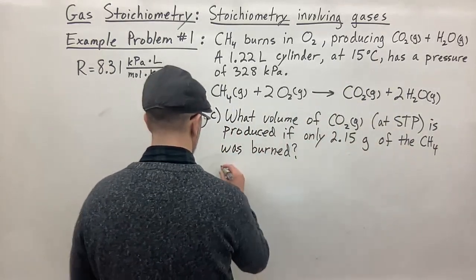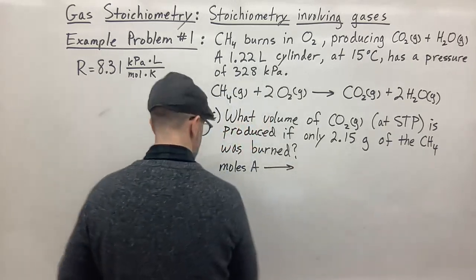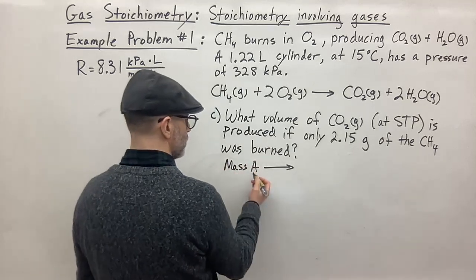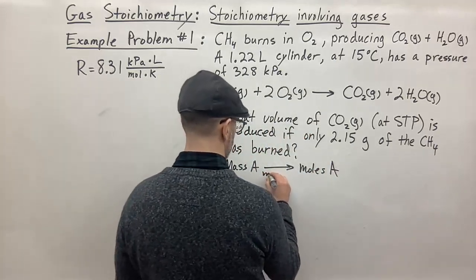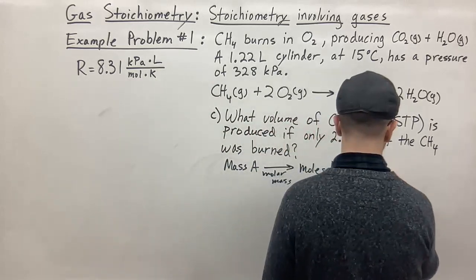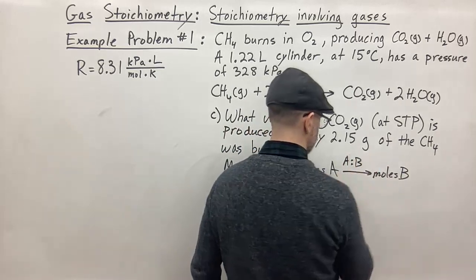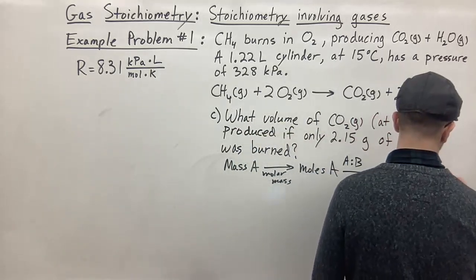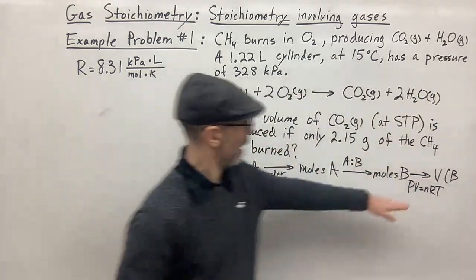The first step would be to go from the mass in grams of CH4 to moles of A, which is our CH4, using the molar mass of A. And then using our mole ratio to go from moles of A to moles of B. So we're going to use the mole ratio between A and B, and then use our PV equals nRT to go from moles of B to volume of B. So that would be one way to do it.